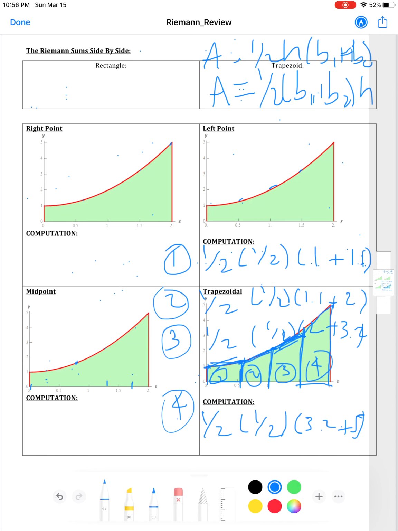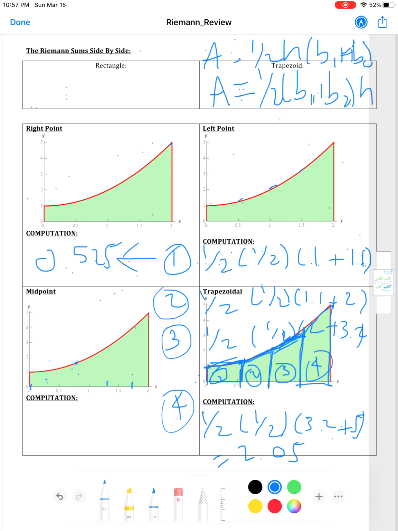So maybe that trapezoid's area would be 2.05. And then I just total up the other ones. So for trapezoid 1, if we're checking our work, trapezoid 1's is going to be 0.525.